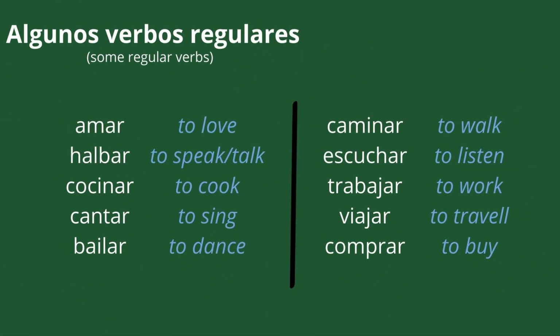Now we'll just go over some regular verbs that you can conjugate after what you learned today. Let's just go over their meaning and their pronunciation in Spanish. Amar, to love. Hablar, to speak or to talk. Cocinar, to cook. Cantar, to sing. Bailar, to dance.